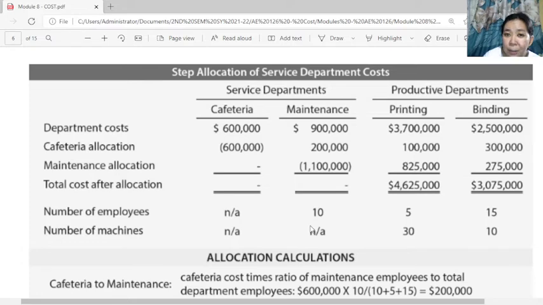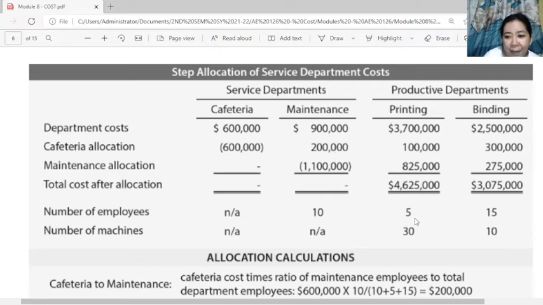Just like what we have done in the direct method, we add all of the number of employees. 10 plus 5 plus 15 is 30 in total. To allocate for the maintenance department, 10 divided by 30 times 600,000 is equal to 200,000.